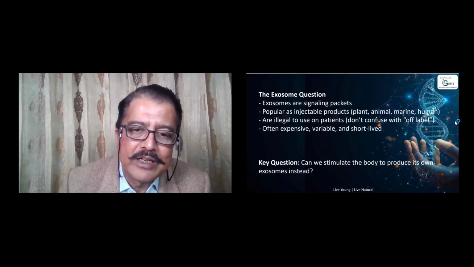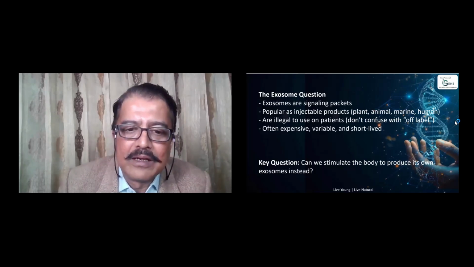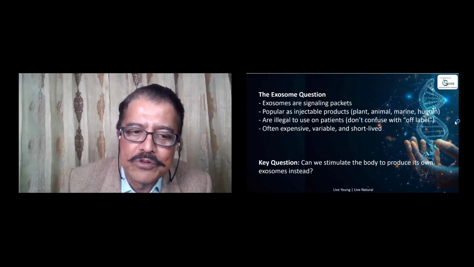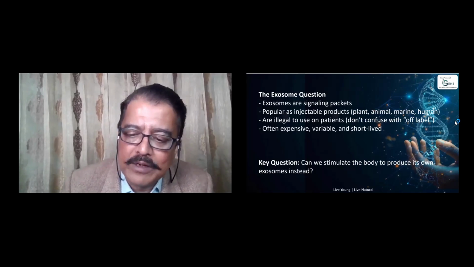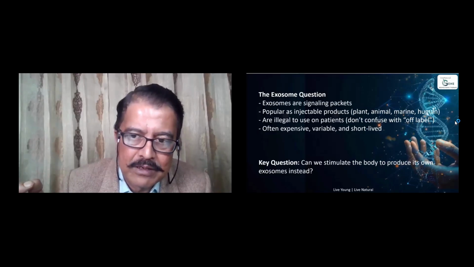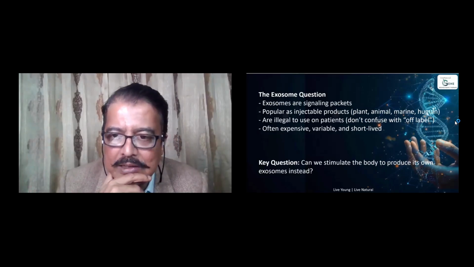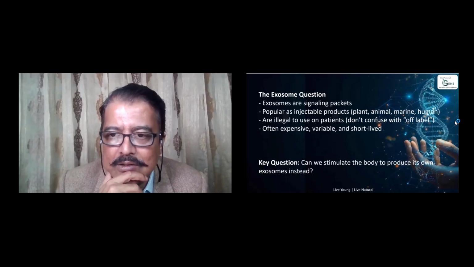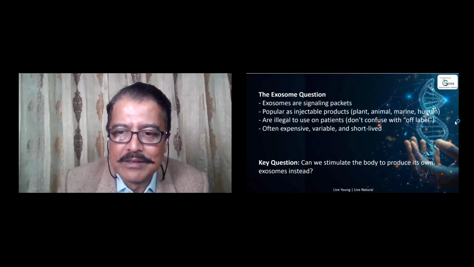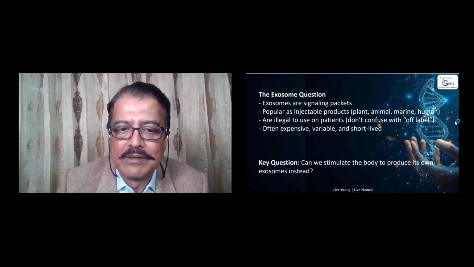So the key question here is, since there are so many disadvantages, can we stimulate the body to produce its own exosomes? If fishes can make exosomes, if a rose flower can make exosomes, if you can get exosomes from a rat or a human placenta, of course, our own cells also make exosomes.